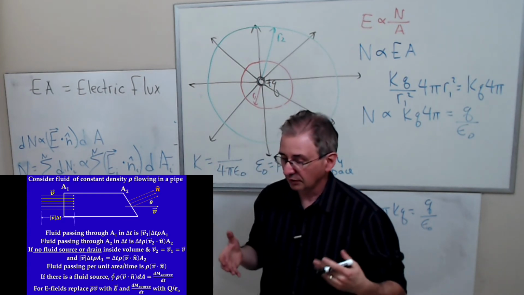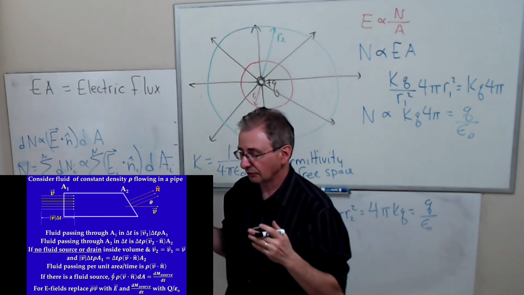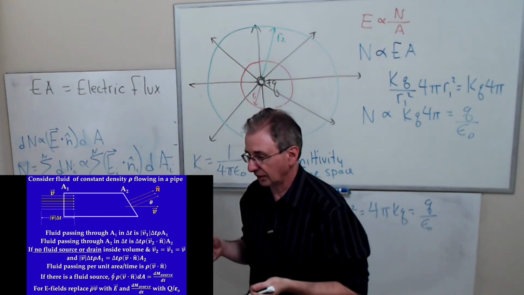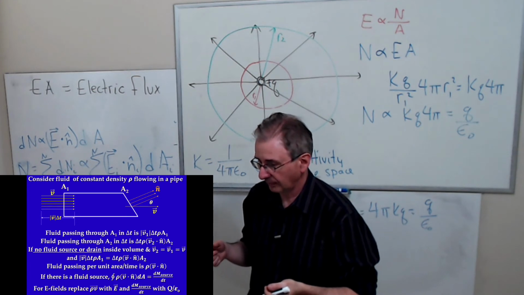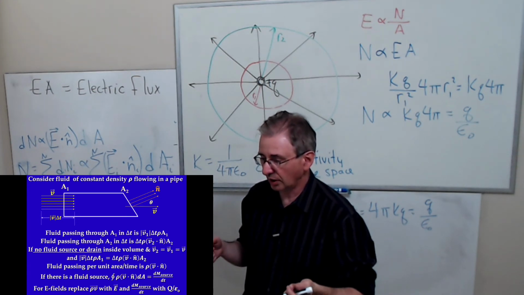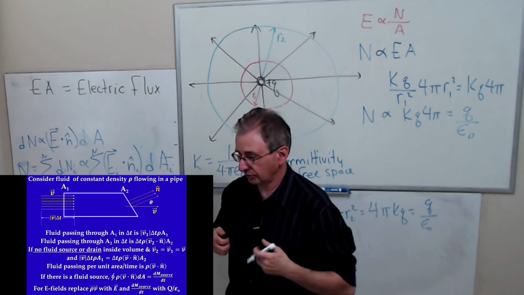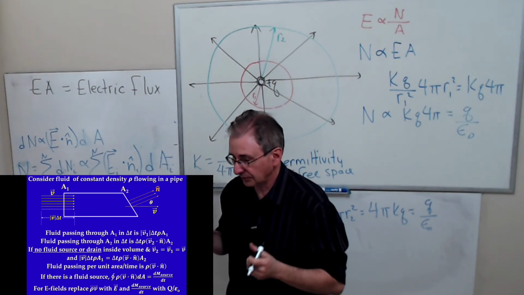In a time delta t, how much fluid goes through the left-hand side of the pipe? How much fluid goes through A1? And how much fluid goes through A2 in a time delta t?